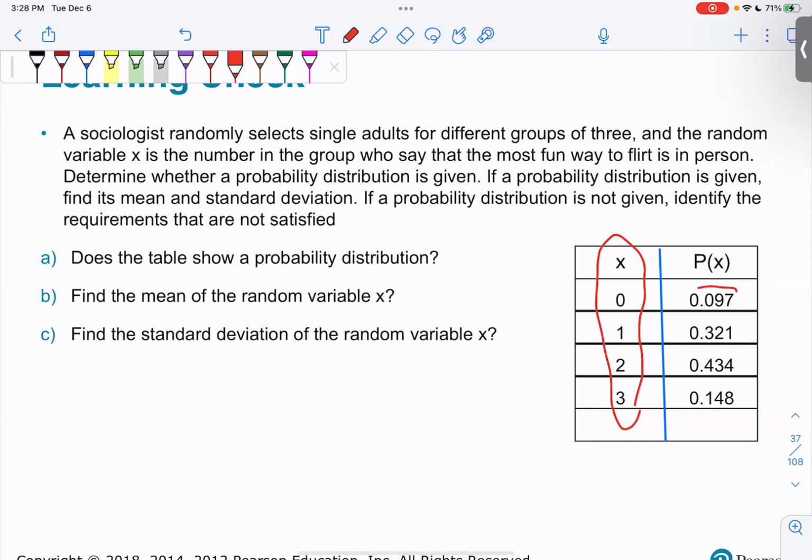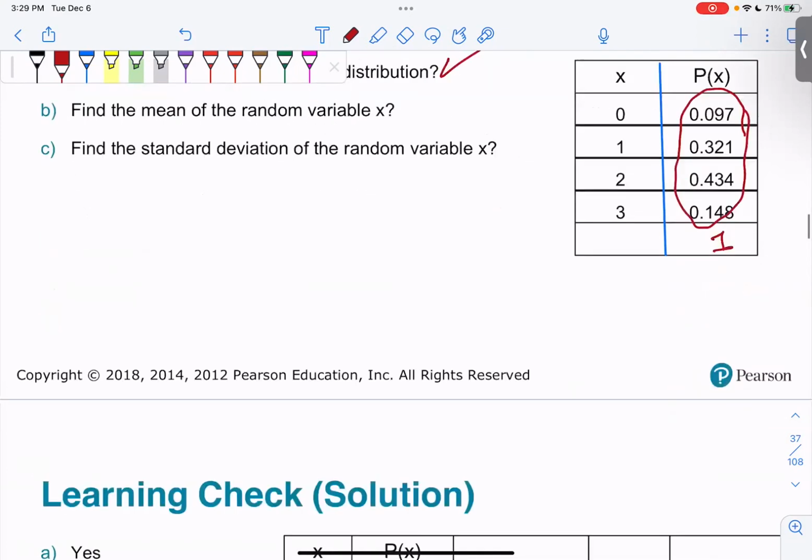And the next requirement, each single value of those must be between 0 and 1, right? Which is okay. And the third requirement is what? The summation is equal to 1, right? Is it or not? So if you add those numbers together, did you get 1? Yes. So yes, it is a probability distribution.